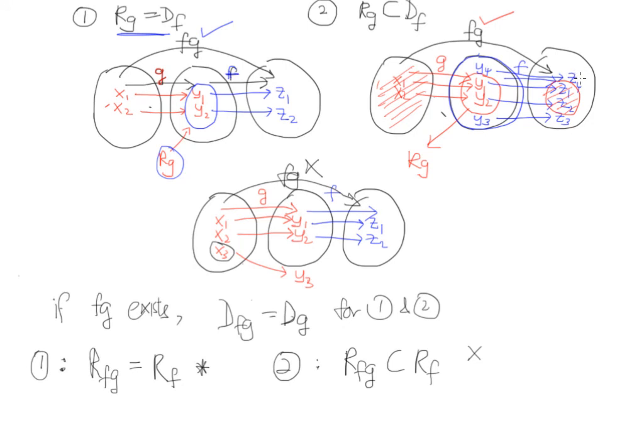We are not really interested in those because we know that we won't get z3, z4 from Fg, because the input of Fg is only x1 and x2, and therefore the outcome should be simply z1 and z2. So in this case, it's merely a subset of the range of F.